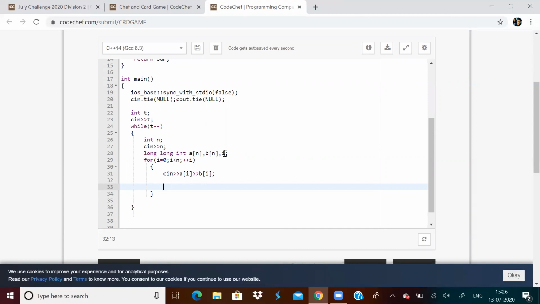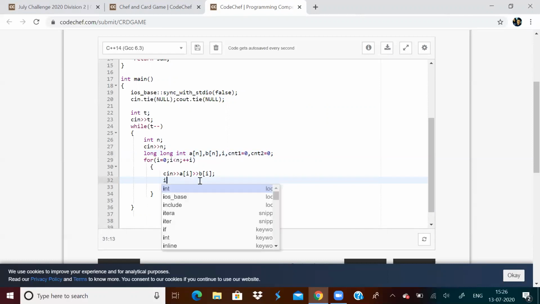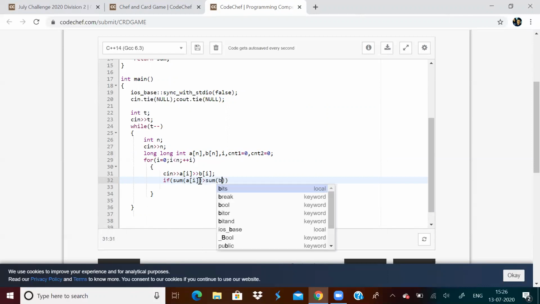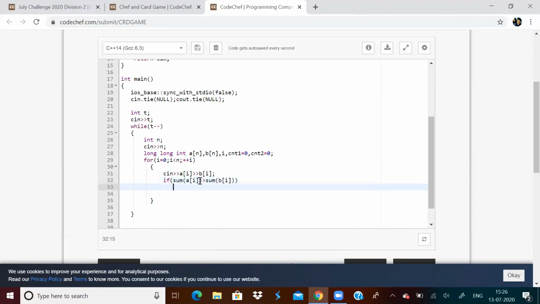I'll keep two variables, count1 for chef and count2 for Morty, and I shall say if sum of a of i is greater than sum of b of i, that means chef won the round, so count1 plus plus.